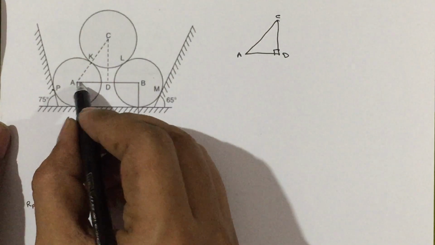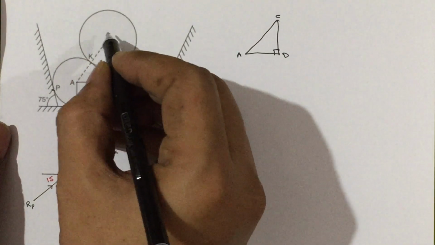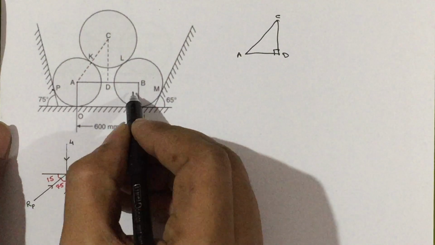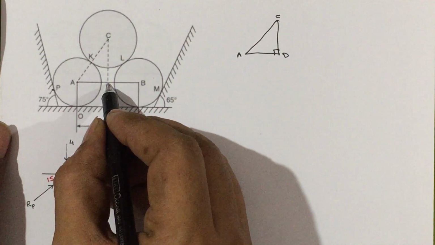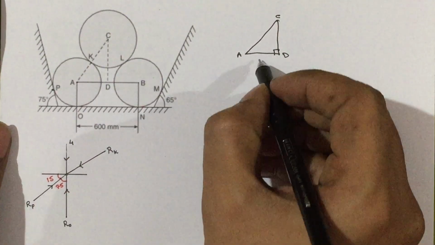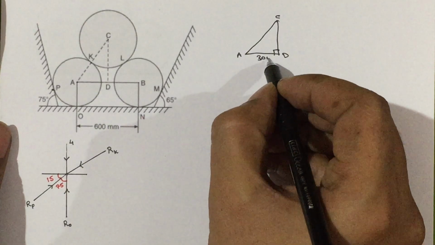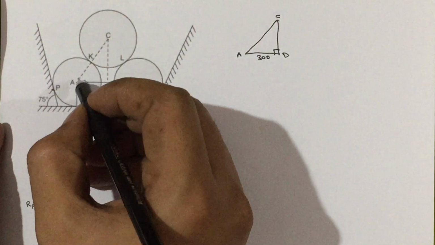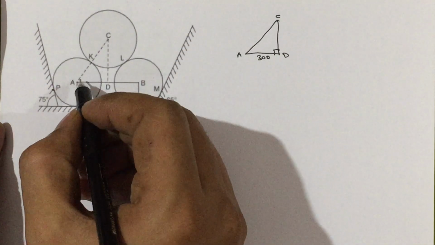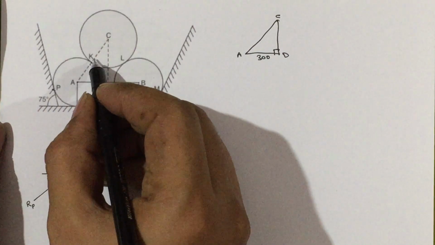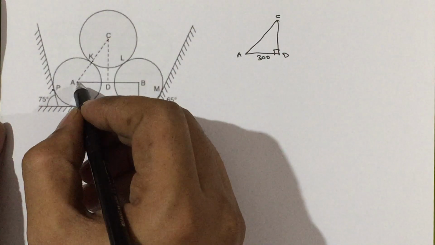Now the total length of AB is 600 mm. Since these 2 balls are identical, it will exactly intersect at the center, that is nothing but it will become 300 mm, exactly half of that one. Then A to C length is radius of this ball plus radius of this ball.